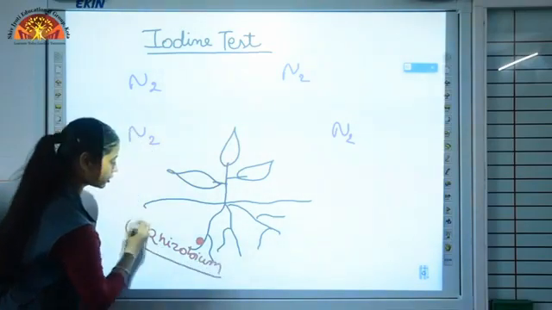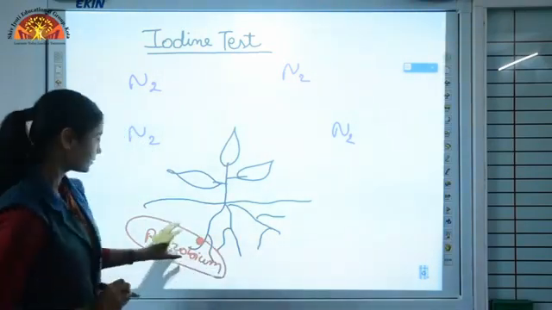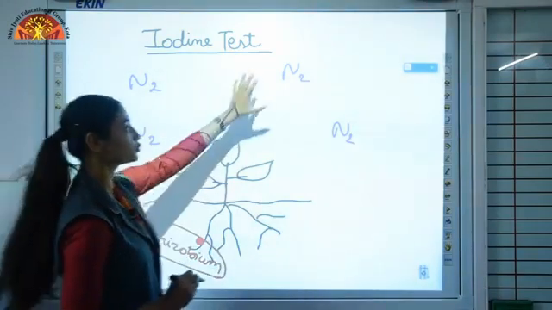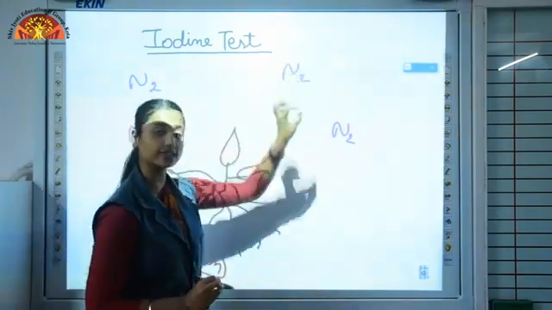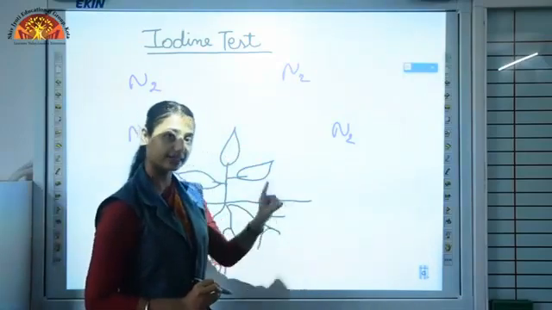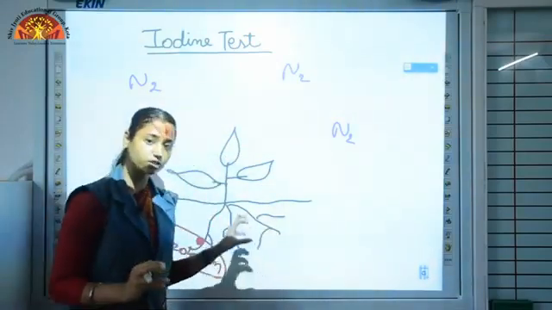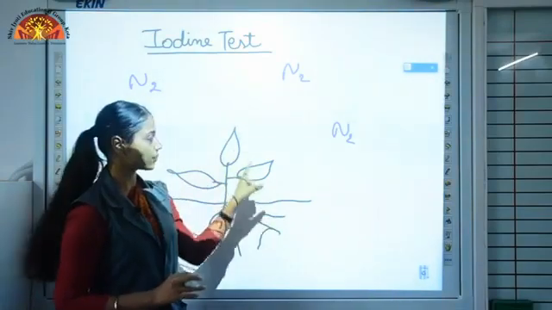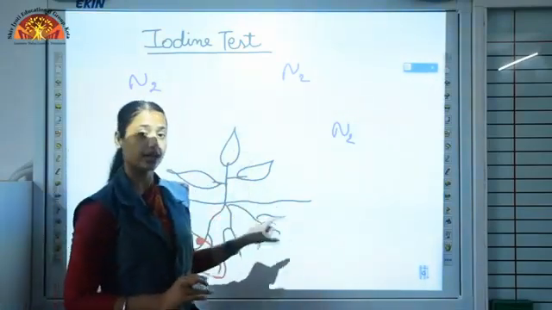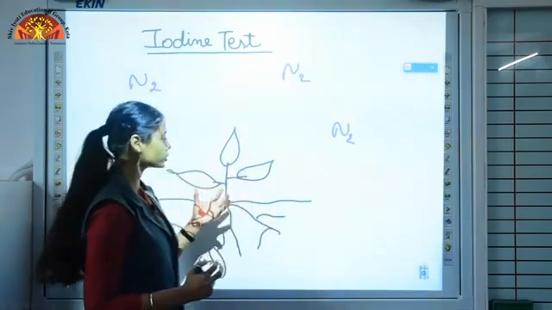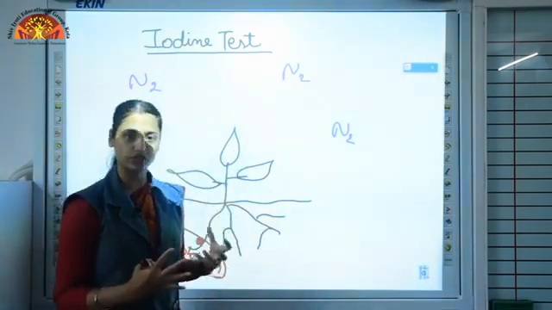What is the function of this bacteria, rhizobium? This bacteria converts nitrogen gas into its compounds, and that compound is soluble in the water present in the soil, and through water the roots of the plant can absorb those nitrogenous compounds.